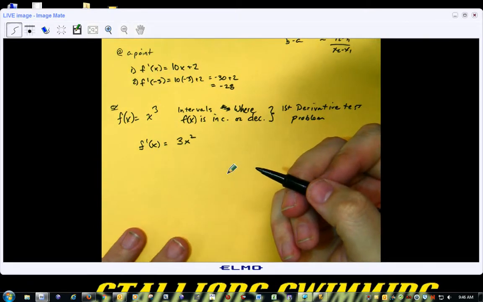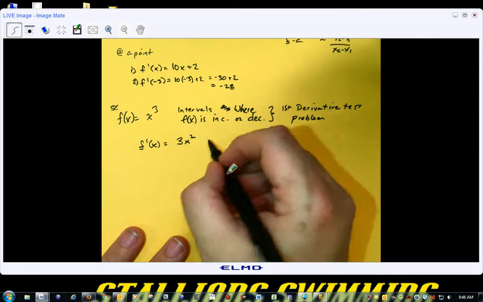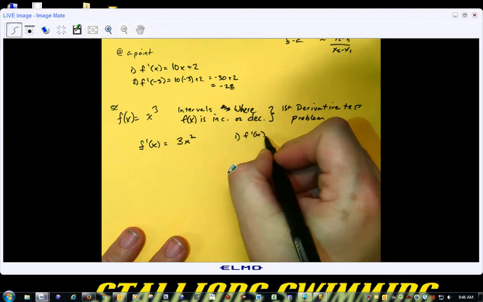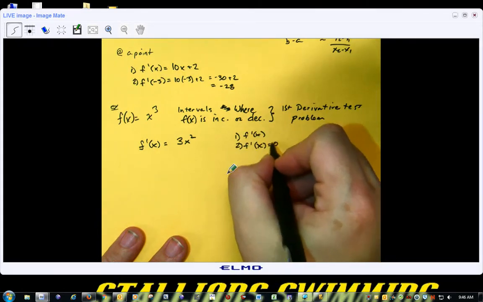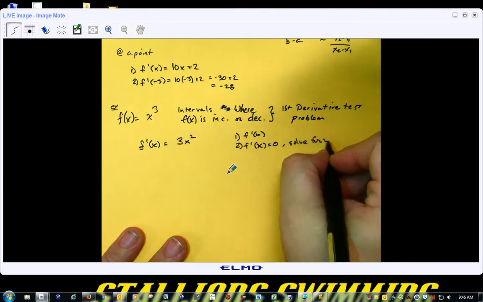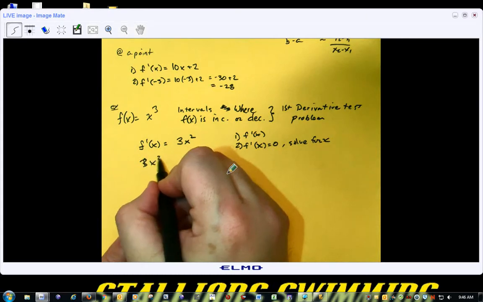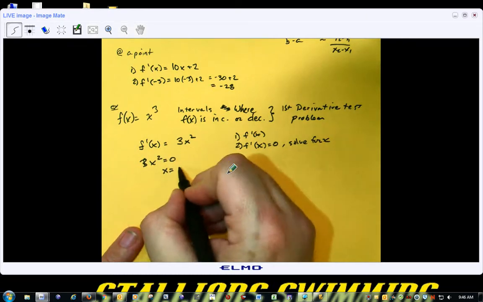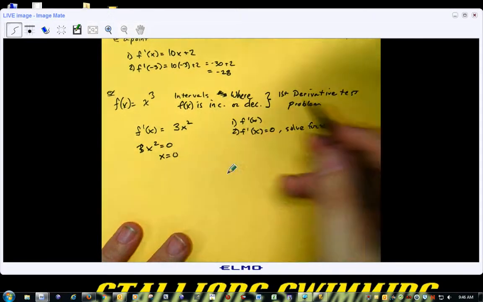Alright, so for the first derivative test, step one, we find f prime of x. Step two, set it equal to 0 and then solve for x. So we'll get 3x squared is equal to 0, so what's my x value? What's the only thing it can be? 0.